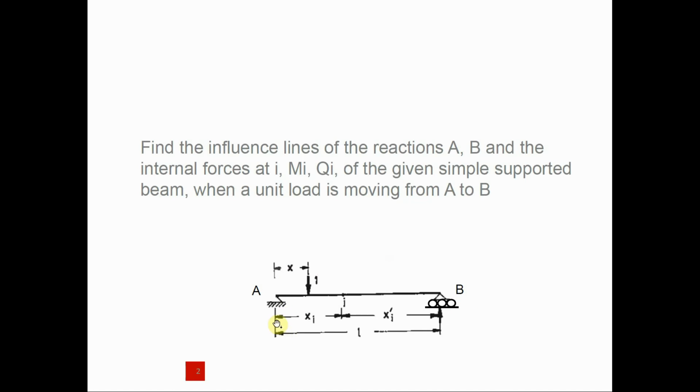Now, let's assume that we want to look at the influence line of the reaction at A and B when there's an internal force at this point I here. So the distance from here to here is SI, while the distance from this point to point B is SI prime, and the full length of the beam is L.